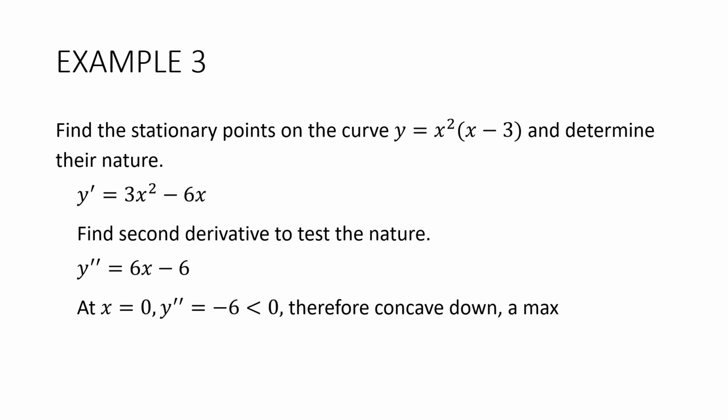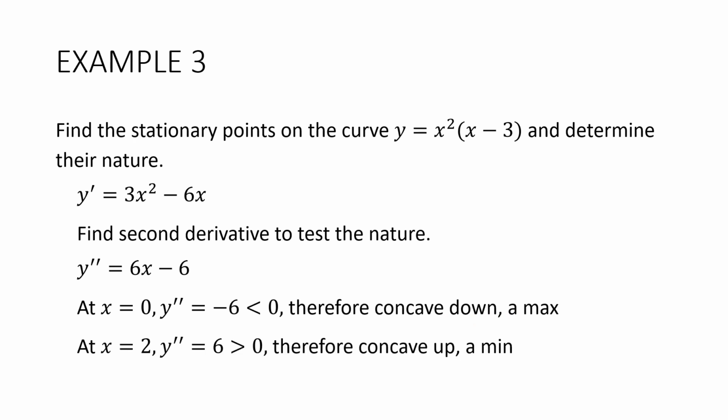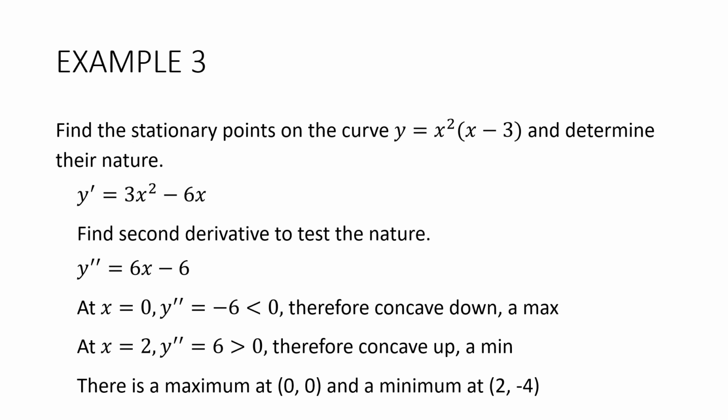So at x equals 0, the second derivative is -6, which is less than 0. Therefore, concave down, it is a maximum. At x equals 2, the second derivative is 12 take away 6, which is 6, greater than 0, therefore concave up, a minimum. Therefore, there is a maximum at (0, 0), and a minimum at (2, -4).